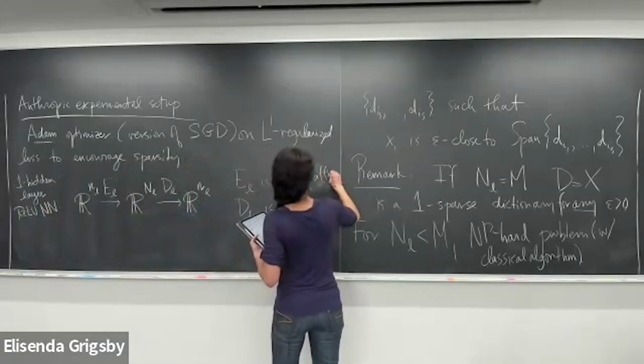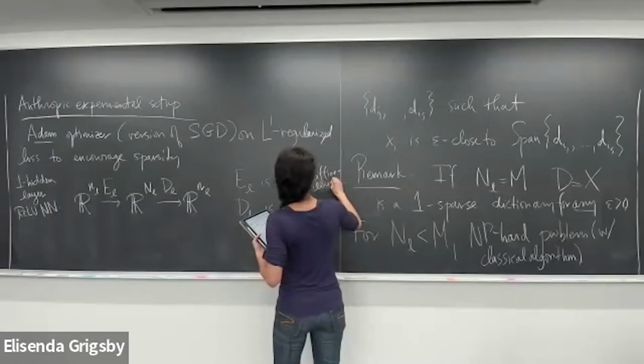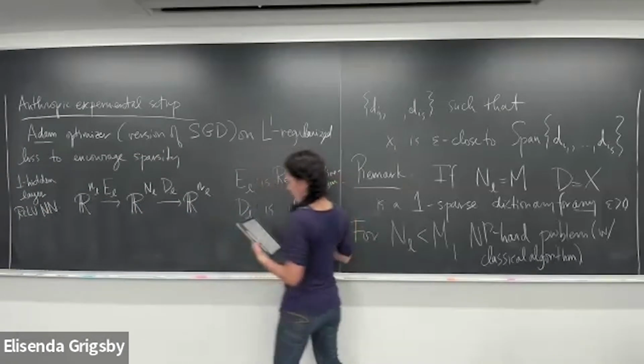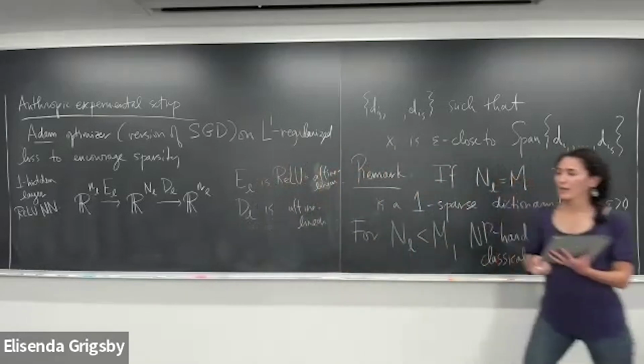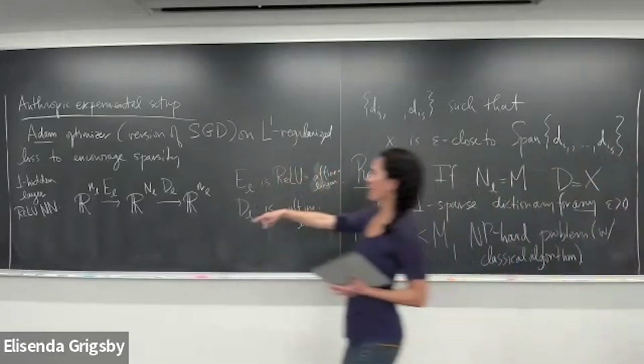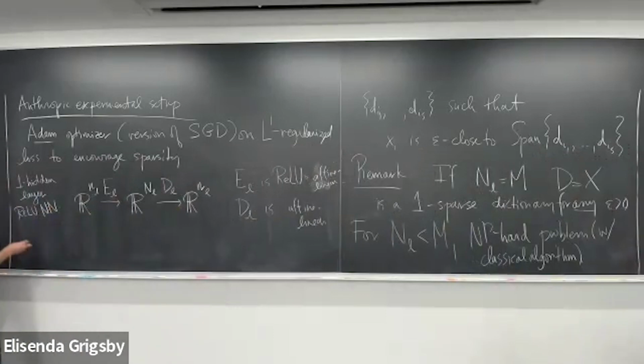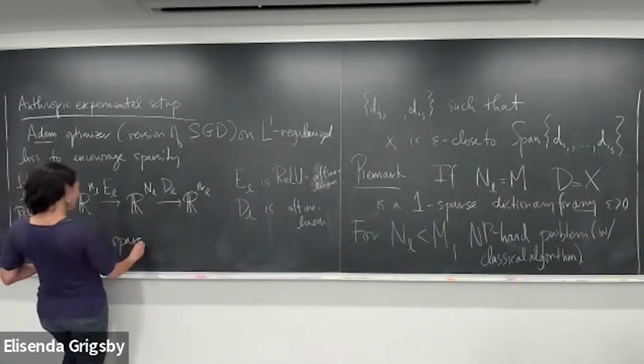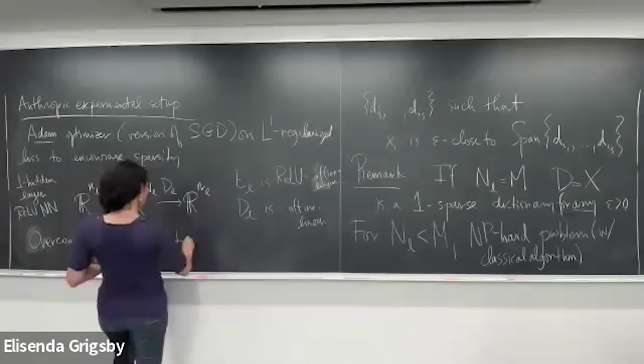And this particular setup has a particular name. This is what's called an overcomplete sparse autoencoder.